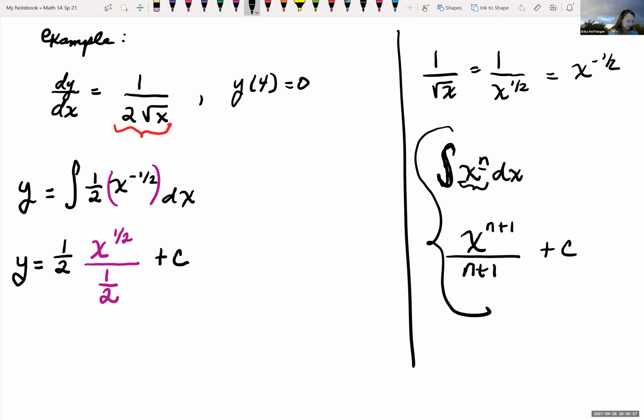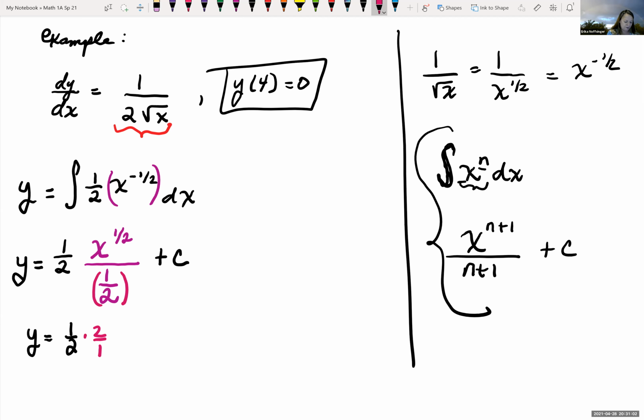So let's clean this up a little bit before we plug in what we know to find c. This is the same thing as y is equal to 1/2 divided by a fraction, so we can rewrite that as a multiplication problem, inverting the denominator and multiplying. Inverting this 1/2 gives us times 2 over 1.